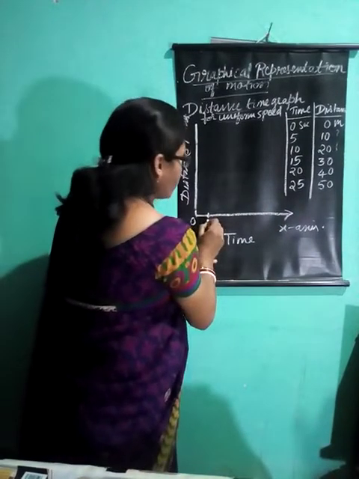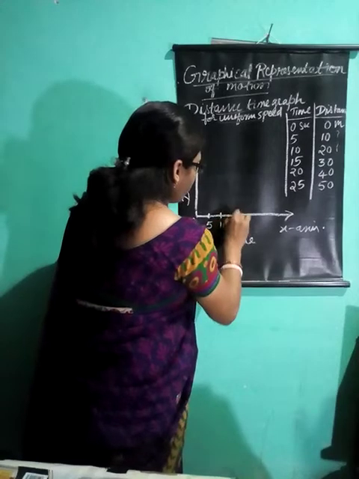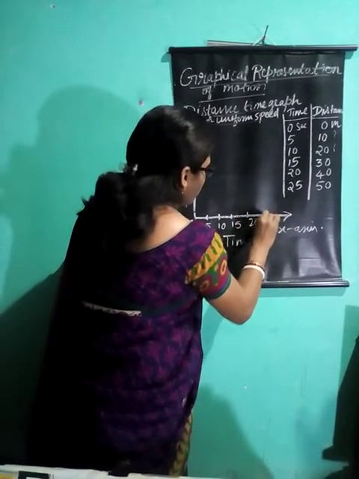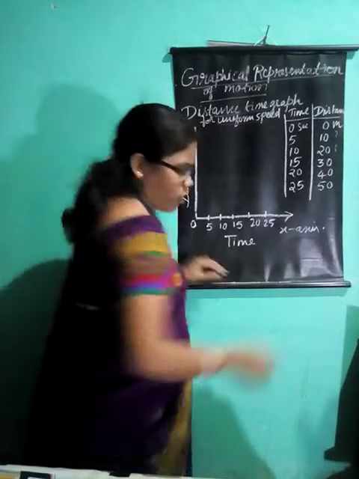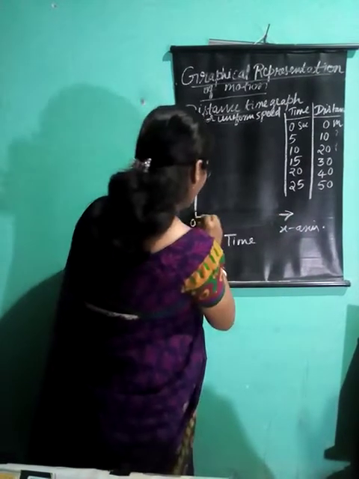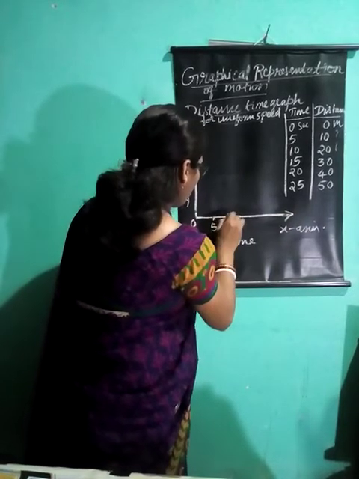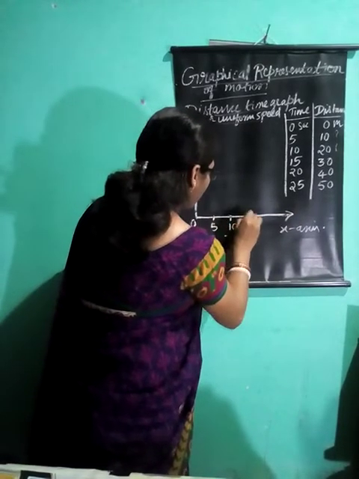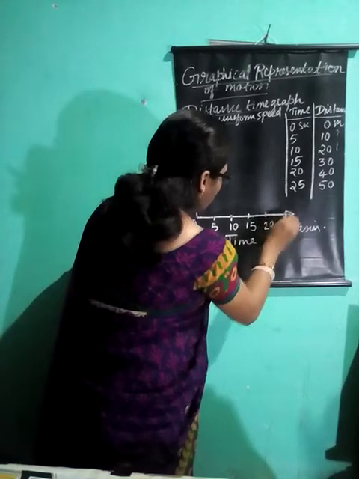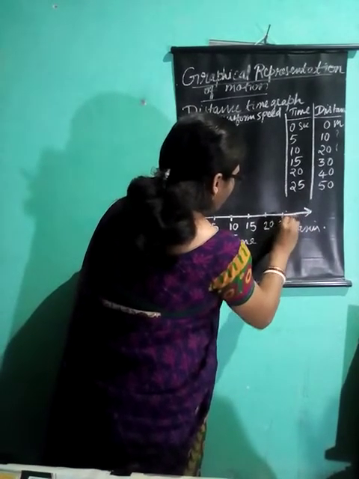Here is 0. Here you have 5, 10, 15, 20, 25. Okay, let me represent it a little more properly, as we were not perfect about marking. You can do it: 5, 10, 15, 20, 25.